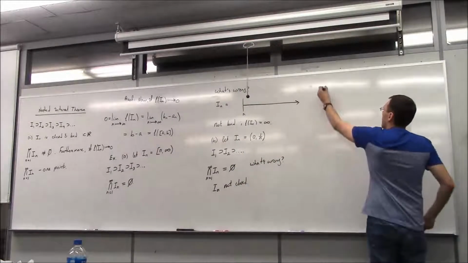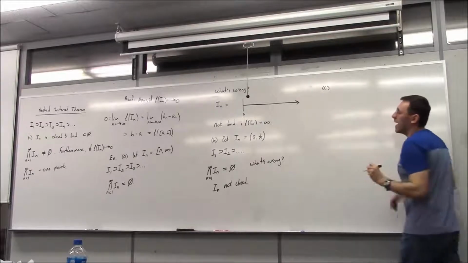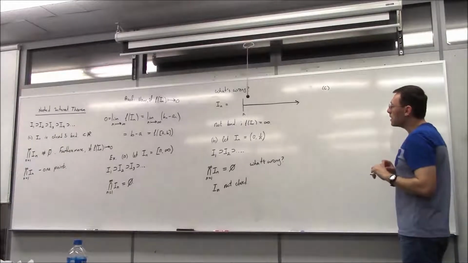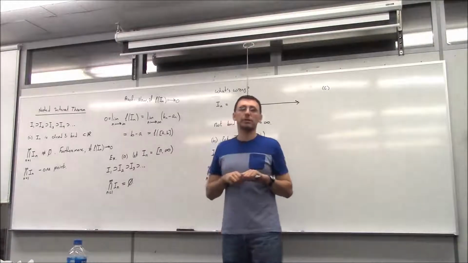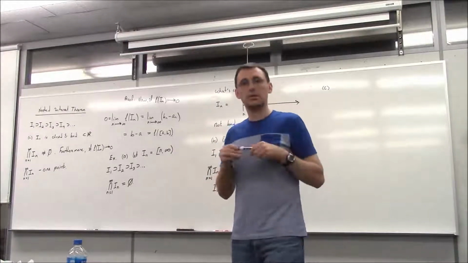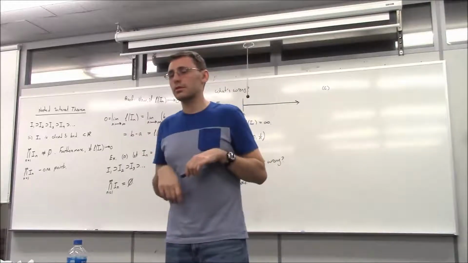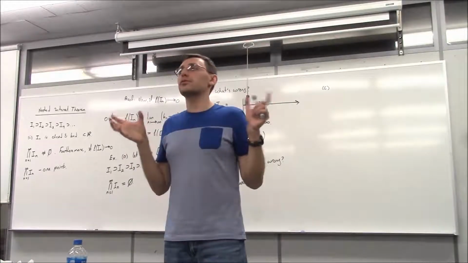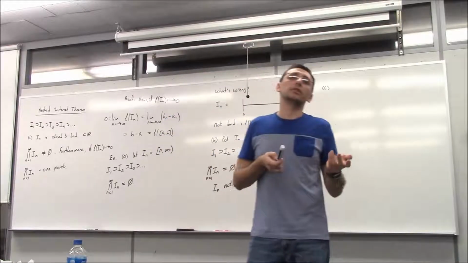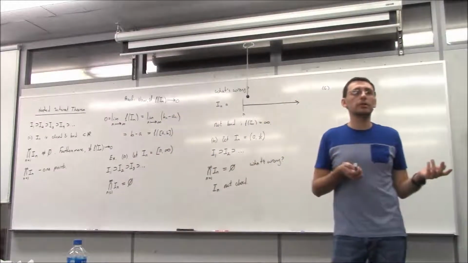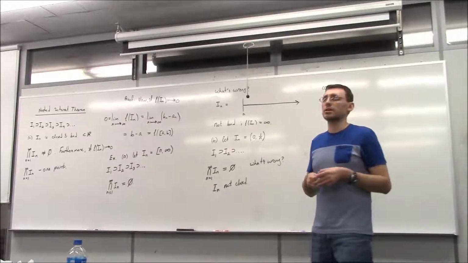So maybe other examples. If one of the conditions is violated, so the set is not closed or it's not bounded, can I conclude the intersection is empty? Simple question. I have a bunch of nested intervals. They are not necessarily closed, not necessarily bounded. Can I just conclude the intersection is empty?